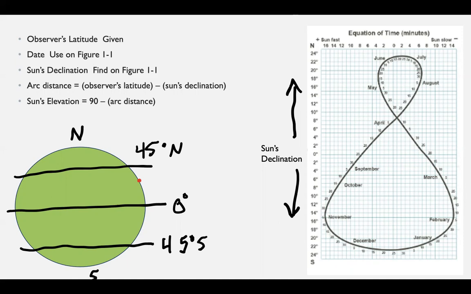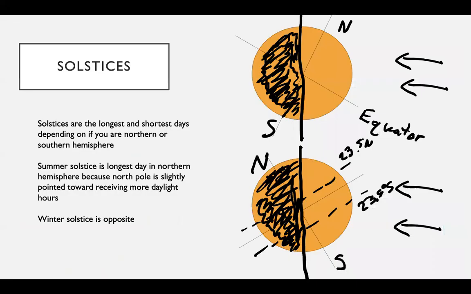Then the date is given, and you use that to find the sun's declination on figure 1.1 in your lab manual, such as this example on the right. Arc distance is the observer's latitude minus the sun's declination, and sun's elevation is 90 degrees minus the arc distance. With that, you're going to fill out these tables and hopefully not have too hard of a time once you figure out what they are asking.